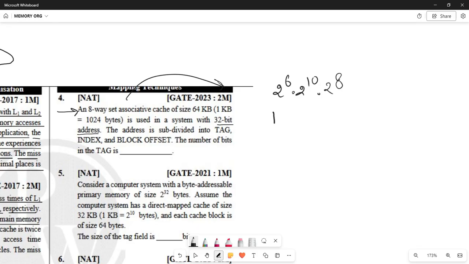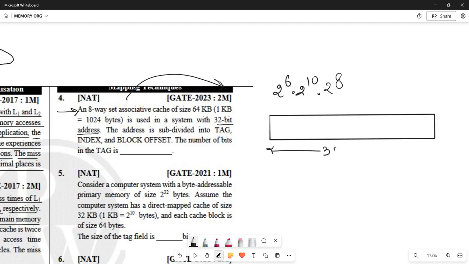So we know the physical address size. It is 32. Let's assume it is byte addressable memory. So 2 raised to power 6 into 2 raised to power 10 is 2 raised to power 16 bytes. The address is subdivided into tag, index, and block offset.